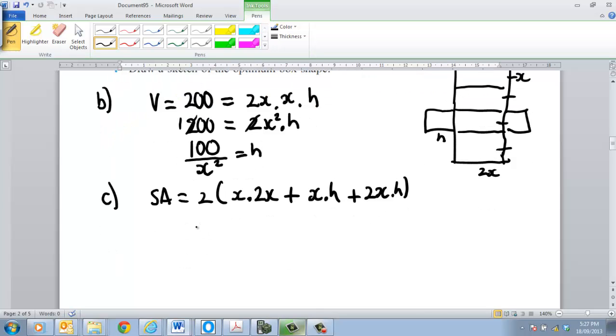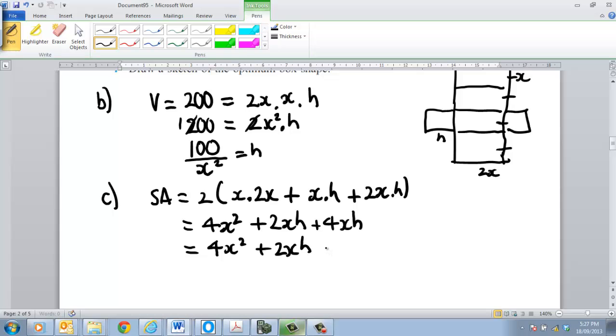I can times the 2 through, so 2 times 2x squared gives me 4x squared. 2 times xh is going to give me 2xh, and 2 times 2xh is plus 4xh. So that's equal to 4x squared plus, not 2xh, it's going to be 6xh.